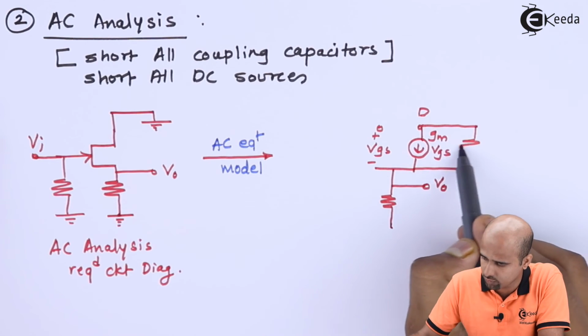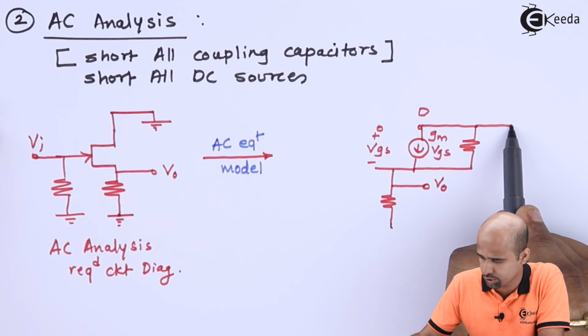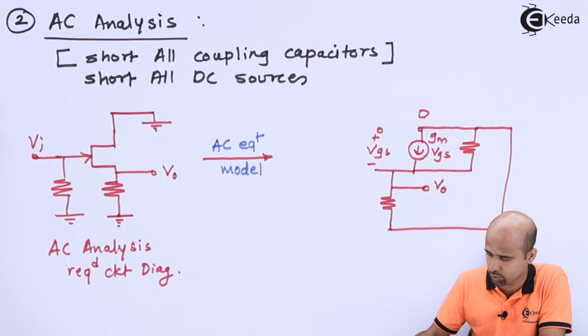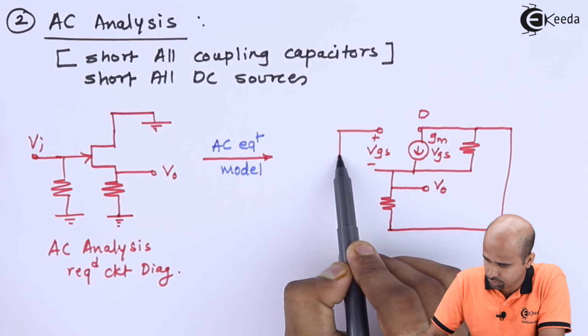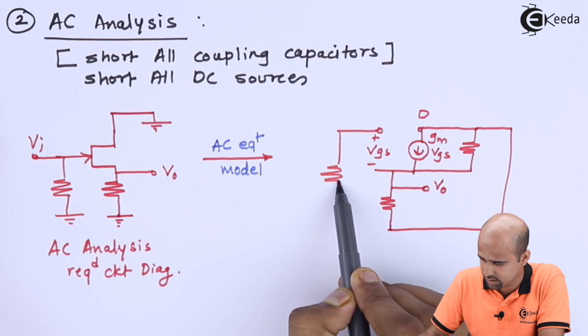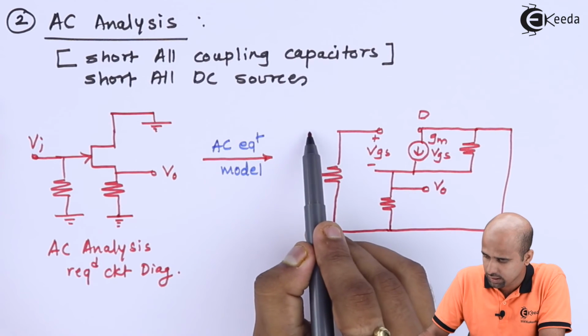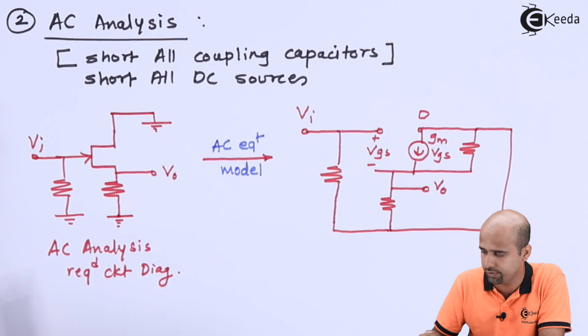Here I have one resistance and the drain is shorted, connected to ground directly. Gate is connected to gate resistance, that is RG, and then connected to ground, and directly the gate is connected with VI, and here we'll be getting VO.